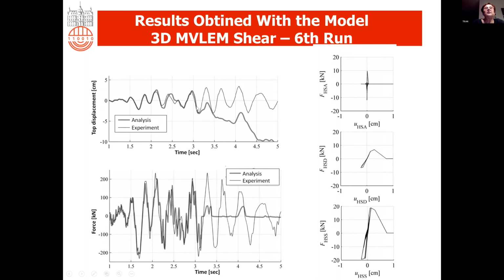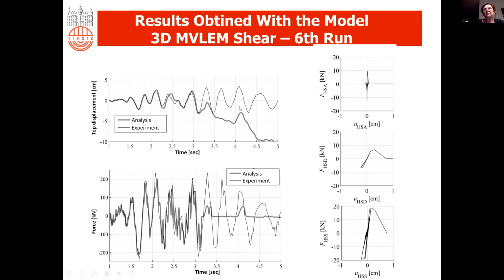The match with the experiment was good up to the 3rd second, where the failure actually occurred in the experiment. But after that, the model was not able to follow the results of the experiment.